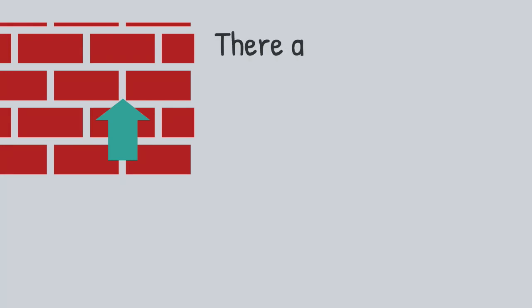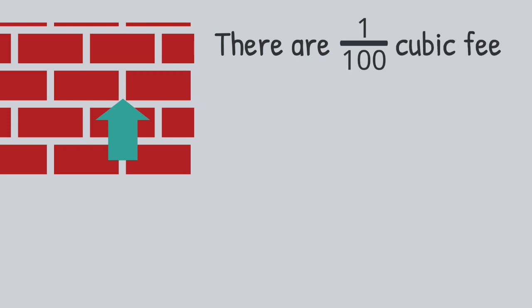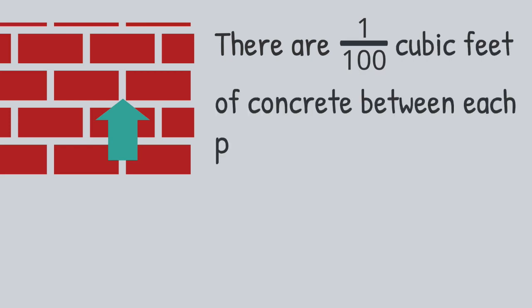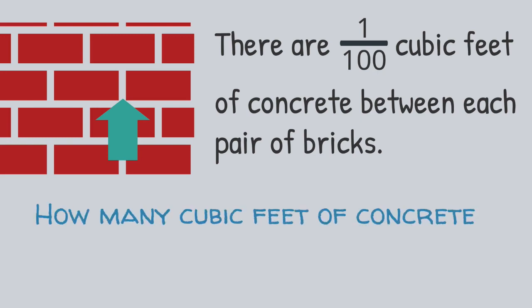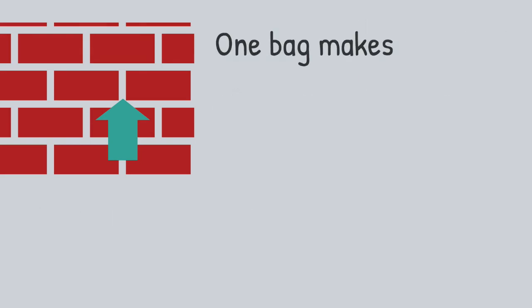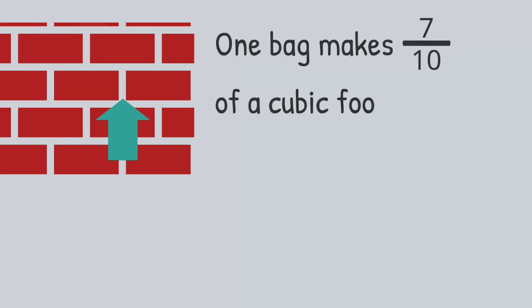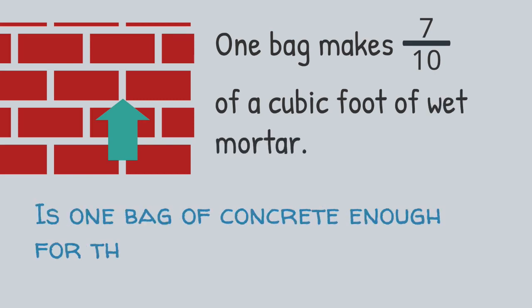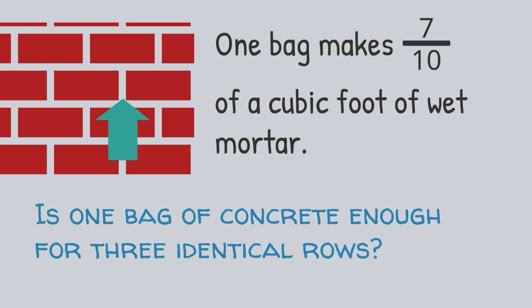It takes approximately 1/100th of a cubic foot of concrete between each pair of bricks. How many cubic feet of concrete will be needed for one row of bricks? One 80-pound bag of concrete makes 7/10 cubic feet of wet mortar. Is one bag of concrete enough for 3 rows?